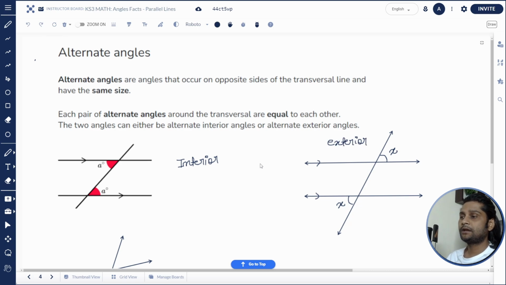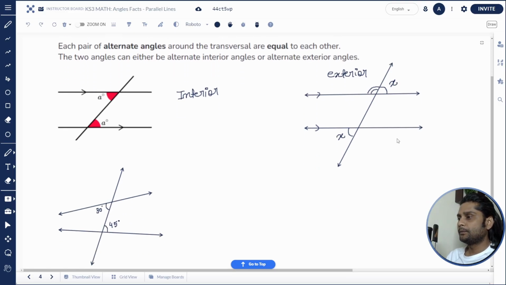Okay, so we have two types of alternate angles: alternate interior angles and alternate exterior angles. There are two possibilities in both of them. If this is the one pair, we can have another pair. Let's say we have this angle right here, so we can consider another angle which is equal to that. So if this is y, this is also y.